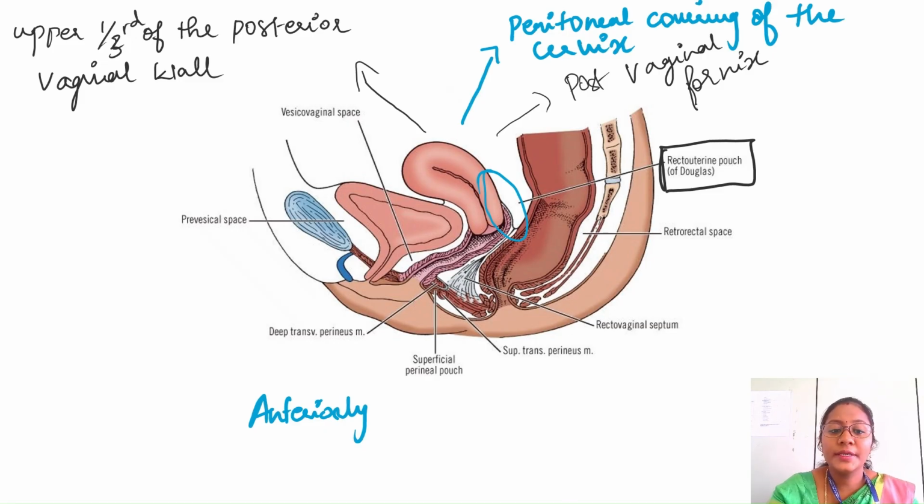This is the anterior part of the pouch of Douglas. We already discussed the anterior structure. See, this is the upper 1/3 of the posterior vaginal wall.